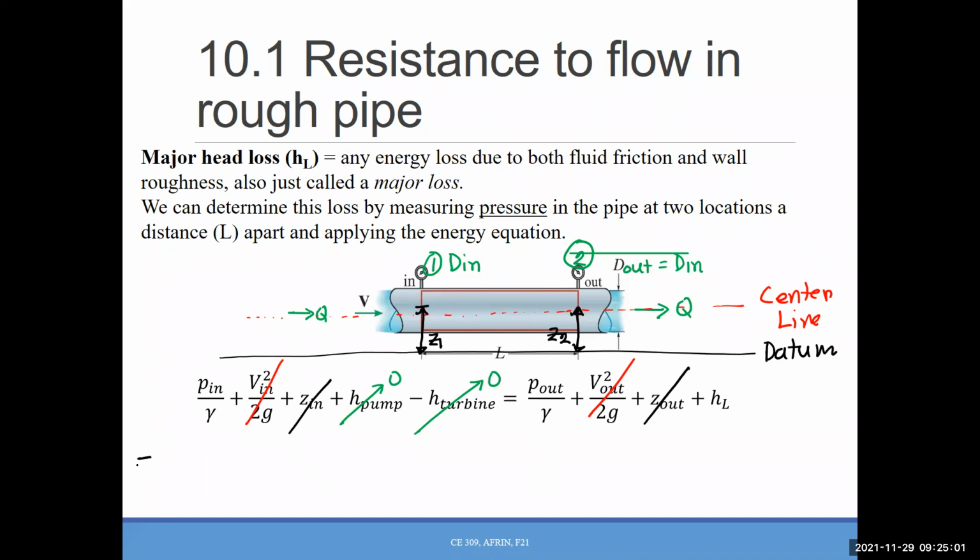So finally, we have the head loss equal to (P in minus P out) over gamma, or delta P over gamma, the pressure drop between two points.